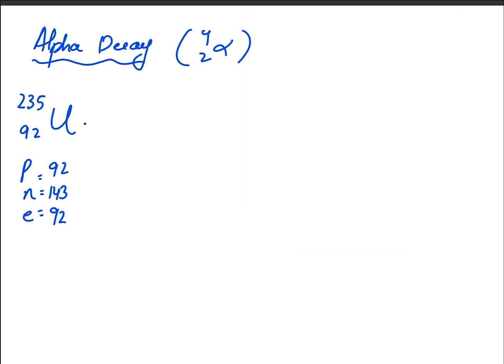So uranium disintegrates or decays to become something new. Let's say an element X. We don't know what that is, and it's not a part of your course to remember what it's going to make. So I don't know what the upper value or the lower value is going to be.